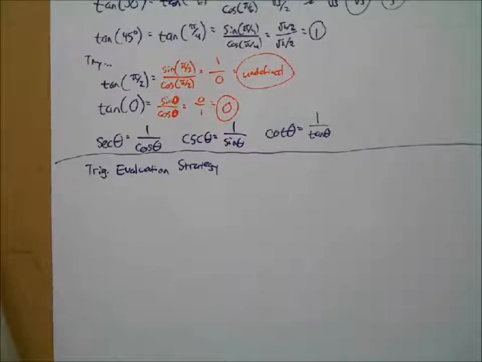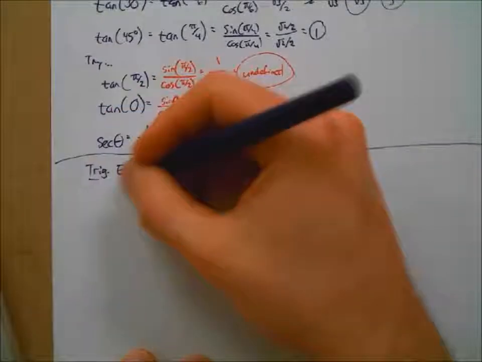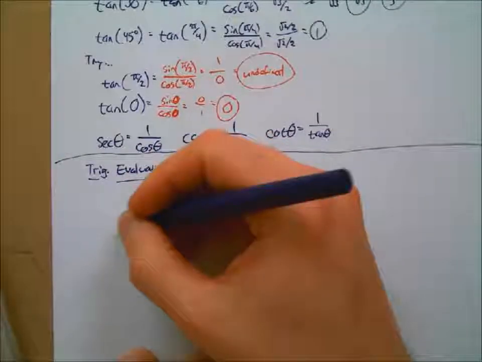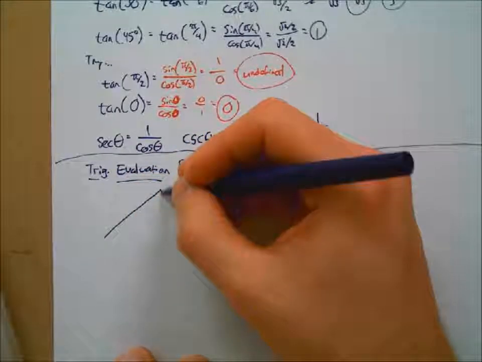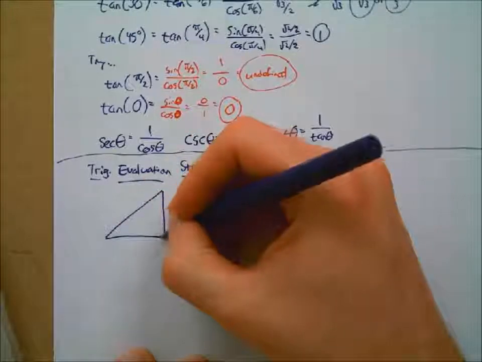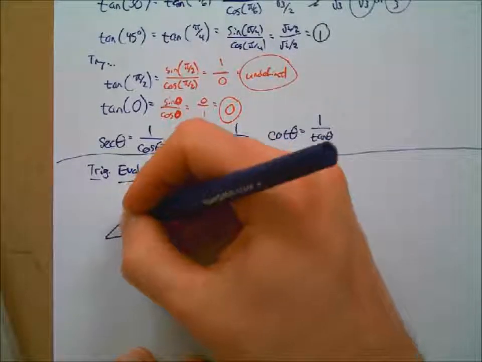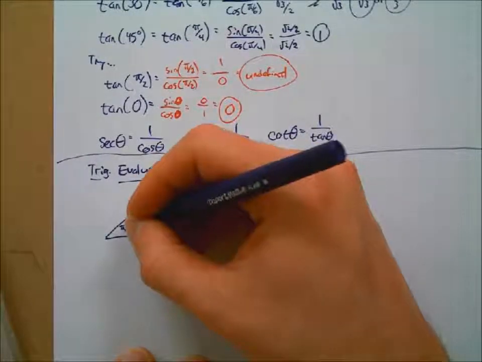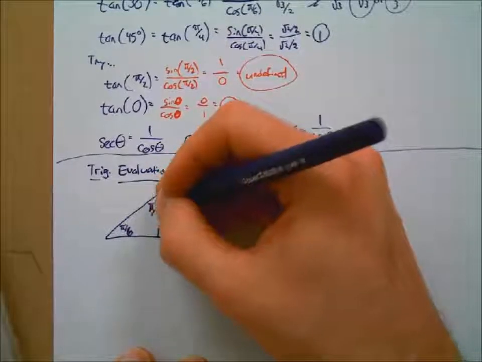It does require you to memorize a couple things, though. One is you have to be able to remember the 30, 60, 90 right triangle, or as I'm going to call it, the pi over 6, pi over 3, 90.